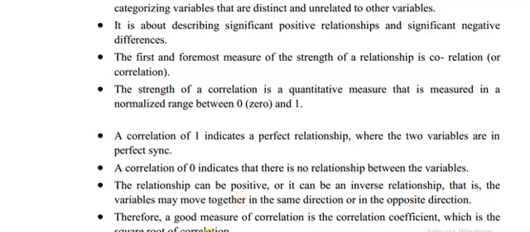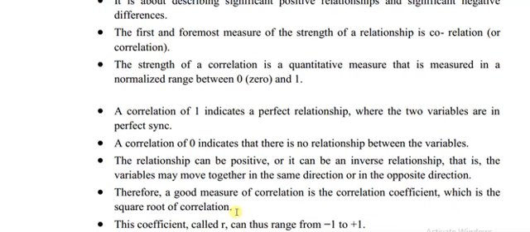So the good measure of correlation is the correlation coefficient, which is the square root of the correlation. Considering the presence of negative values, it is better to go for the correlation coefficient rather than just the correlation. Correlation coefficient is the square root of the correlation.